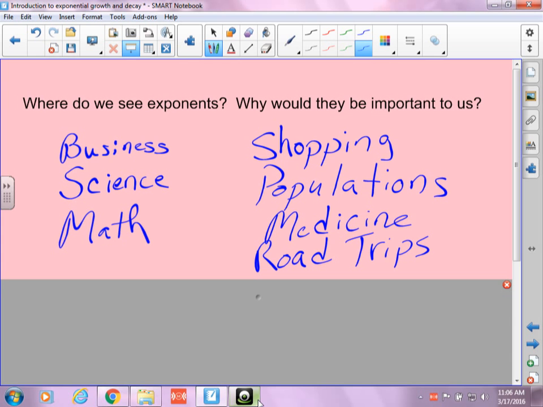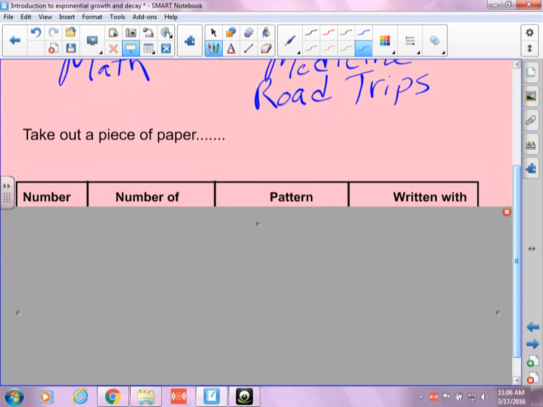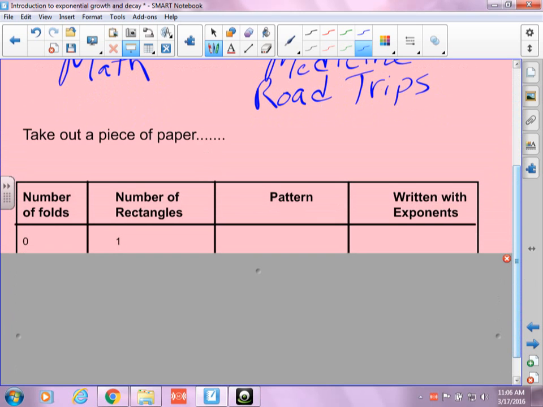Notice it asks you to take out a sheet of paper. So you're going to take out a sheet of paper, and I don't care what size. It could be anything. You'll be doing an activity with it.